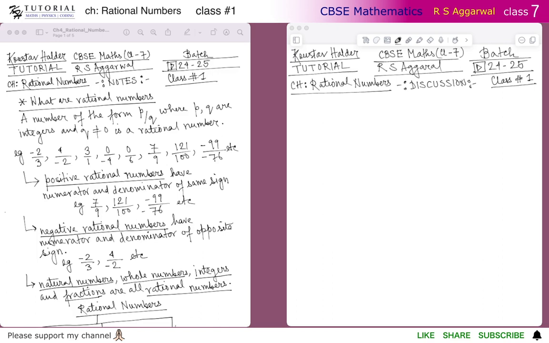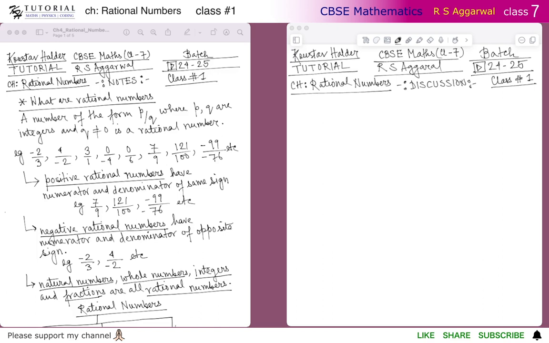Okay. So what are rational numbers? Rational numbers you have already studied in your previous class 6. You know the basic definition of rational numbers, and you have probably done addition and subtraction of rational numbers. So what are rational numbers? A rational number is a number which can be written in the form p by q, where p and q are integers but q is not equal to 0.